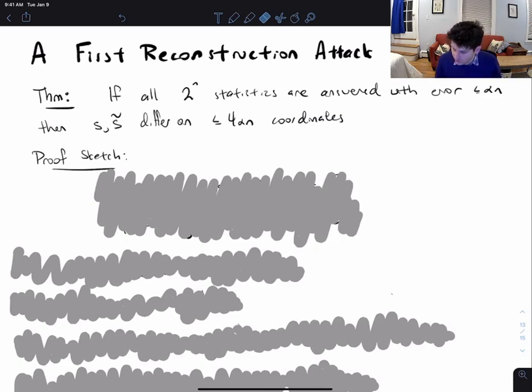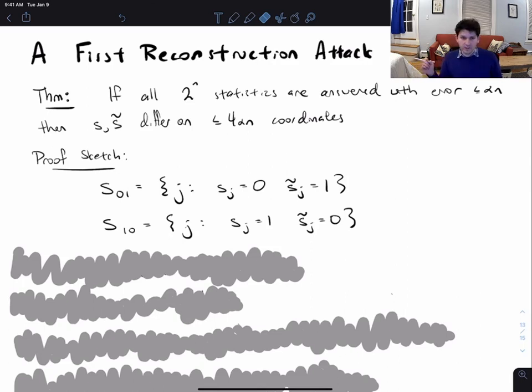So here's the proof. Let's define two sets. S01 is the red set from the previous slide. It's all the coordinates where the true secret is 0 and S tilde is 1. And we'll also define the symmetric set S10, all the coordinates where the true secret is 1, but the reconstructed secret was 0.